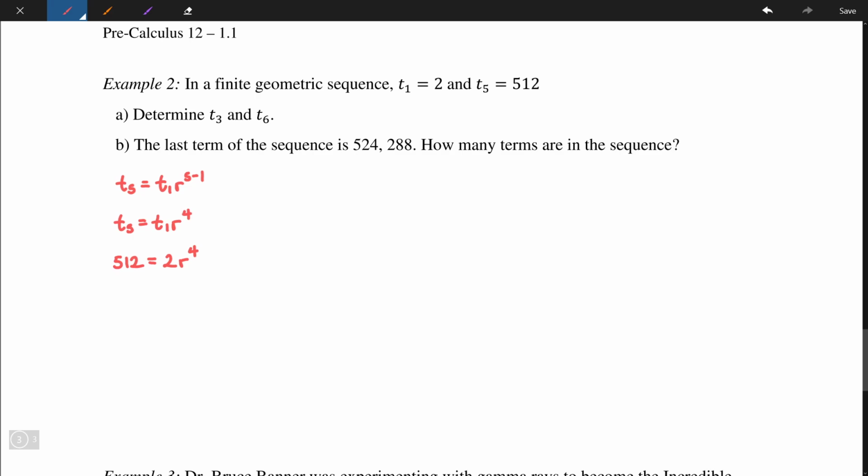Okay, so this will be, let's see, 512 divided by 2, that is 256. And then r to the fourth power. And it looks like we need to take the fourth root of 256.